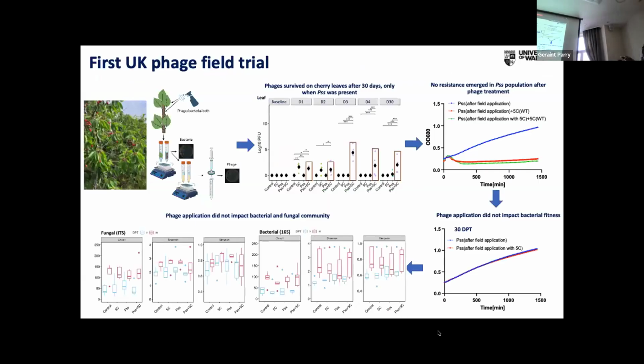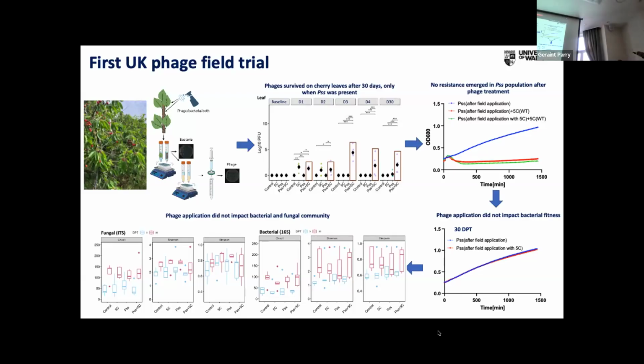We also did the first UK phage field trial, and we went to the field not knowing what to expect. We sprayed the leaf and woody tissues with the pathogen first and then with the bacteriophage, and we wanted to understand how long, for example, phages could stay viable and effective in the field. So we found that our phages could survive up to 30 days when the host is present.